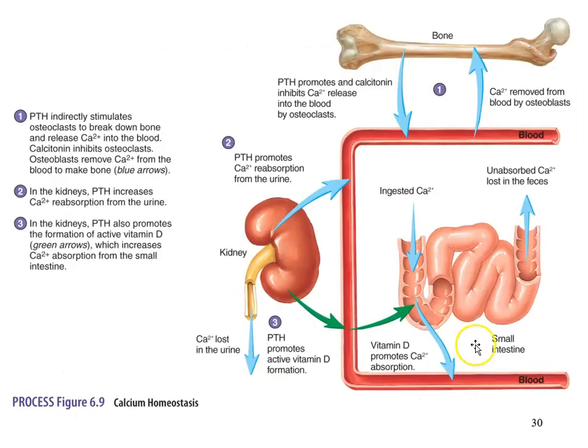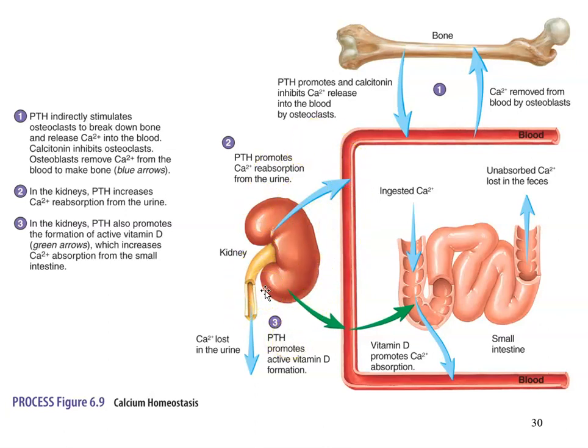So this image shows you those different ways that PTH works. Here we see PTH causing osteoclast formation and activity to be stimulated. So that will release calcium into the blood. Also, PTH works on the kidneys to suck back in calcium ions. Less is lost in the urine and more can be returned to the blood.